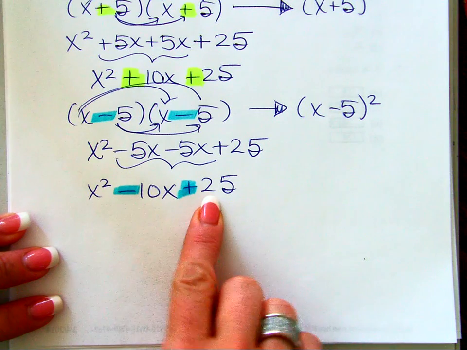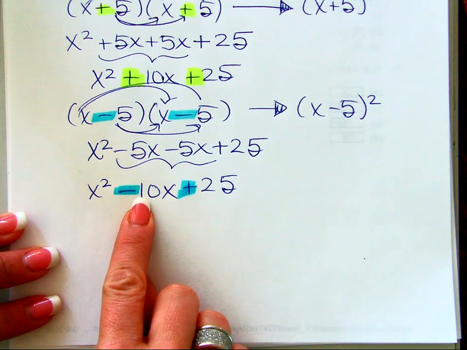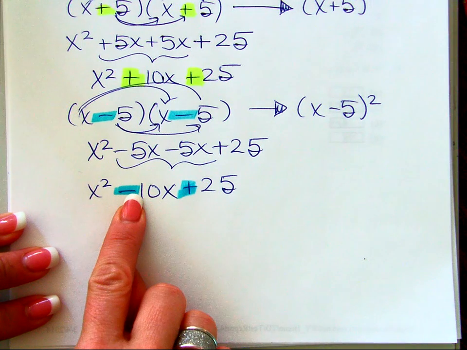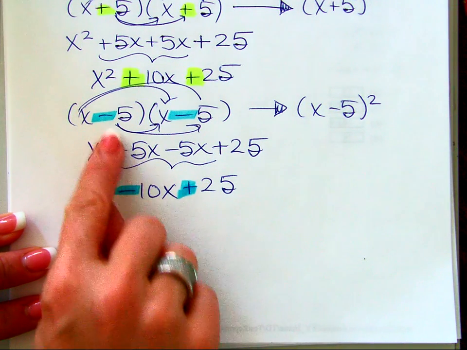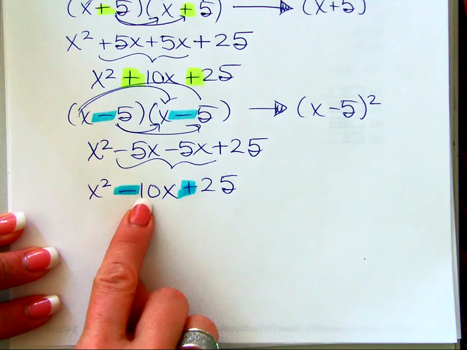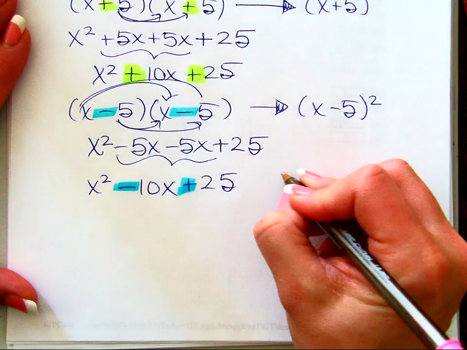So watch this. You said this is a product, right? What's a negative times a negative? Positive. You said this was a sum, right? What's a negative plus a negative? Negative. Does that make sense? Negative times negative, positive. Negative plus negative, negative. And that's so important for you to see, okay?